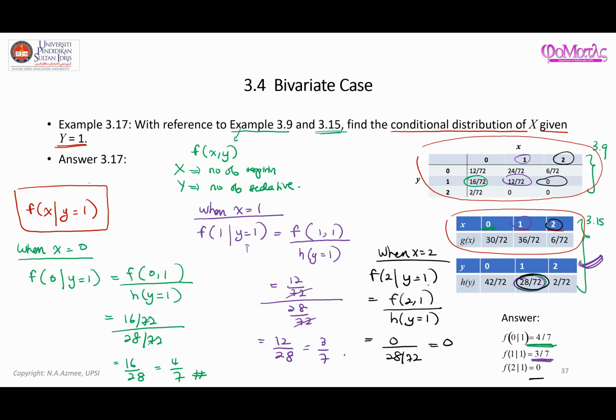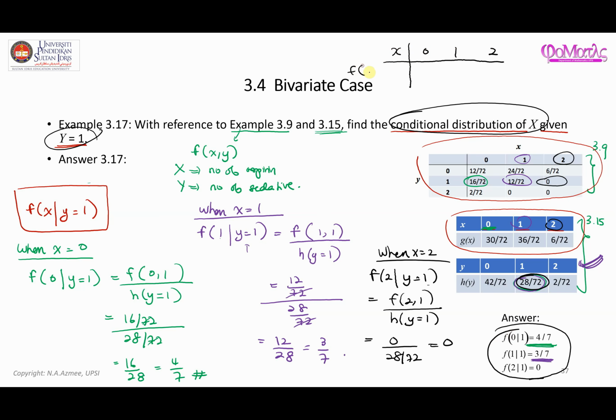So the conditional distribution of x given y equals to 1 can be represented as such, or if you want, you can also come up with a table. You can list down x equal to 0, 1, and 2, and at this part here, we're going to consider the conditional distribution of x given y equals to 1, and you can write down the result as 4 over 7, 3 over 7, and 0.